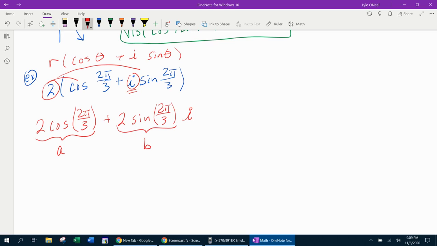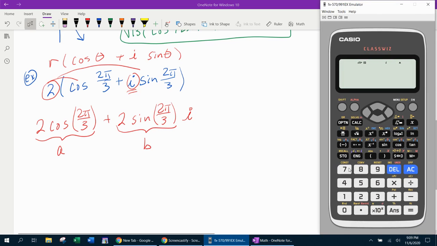And this will be my value for B. And at this point, you can either use the unit circle and find the x coordinate and the y coordinate at 2 pi over 3, or you can use the calculator, which is what I'm going to do, but I do need to be in radian mode. All right, so let's go shift, setup, angle, radian, 2 cosine 2 pi over 3 works out to be -1.